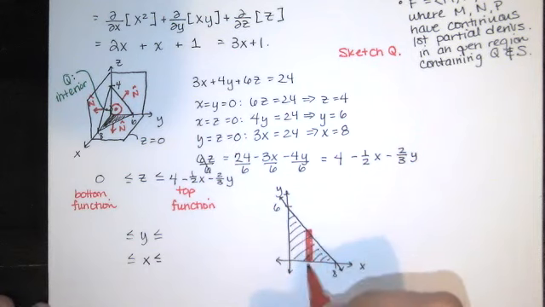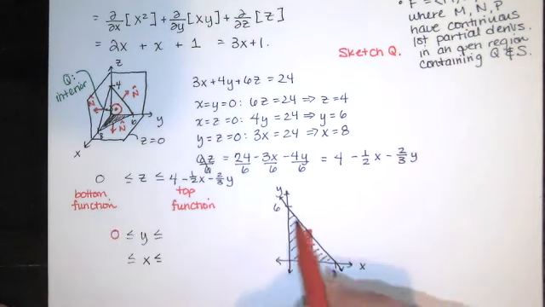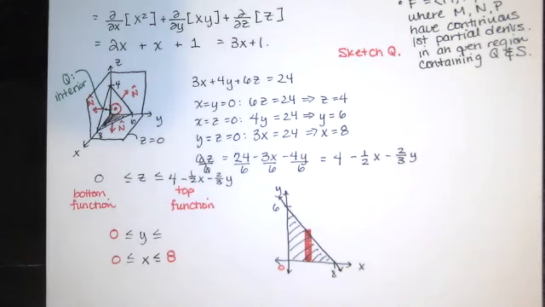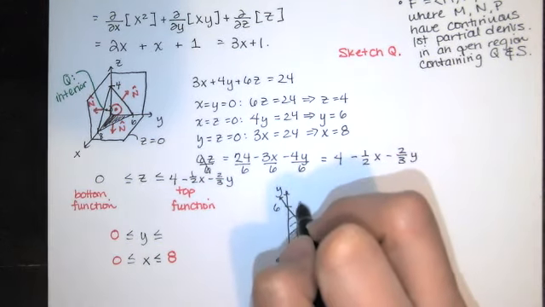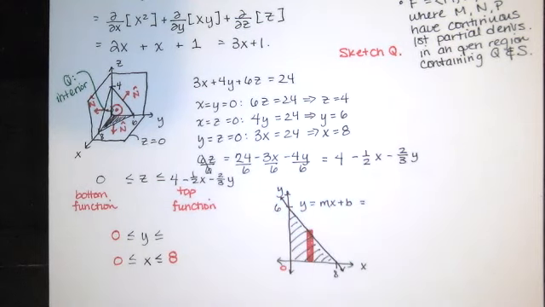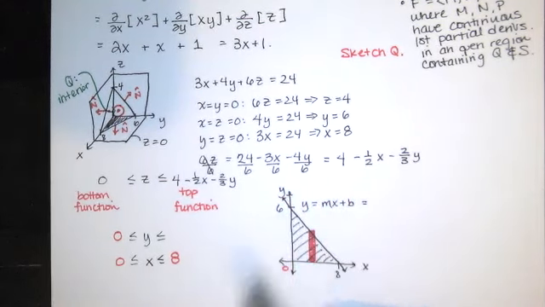So y is starting at the x-axis, which is y equals 0, and it's ending at that line. Meanwhile, x is going from 0 to 8, so we'll do that part first, the constant to constant bounds first. And then this line, we can come up with its equation pretty easily. y is equal to mx plus b, right? The slope comes from using rise over run or fall over run, since it's falling as we go left to right.